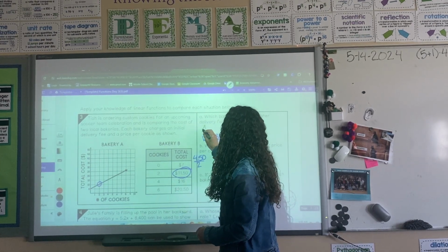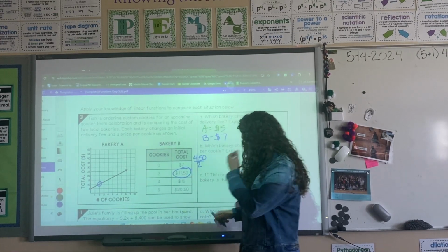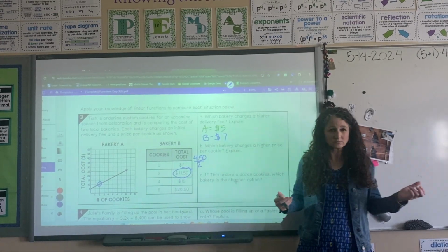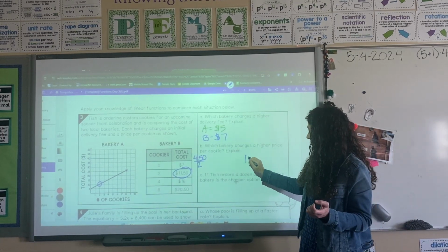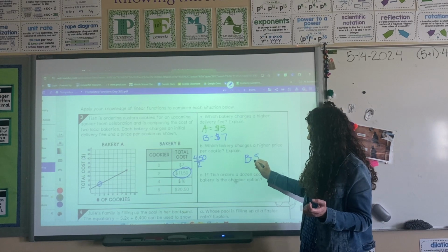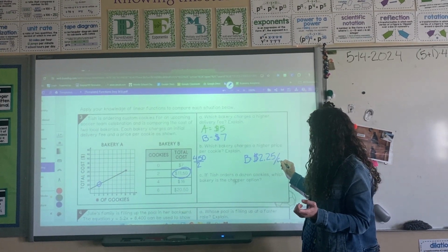So A is $5, and Bakery B is gonna be blue. What's $4.50 divided by 2? $2.25. So Bakery B is $2.25 per cookie.